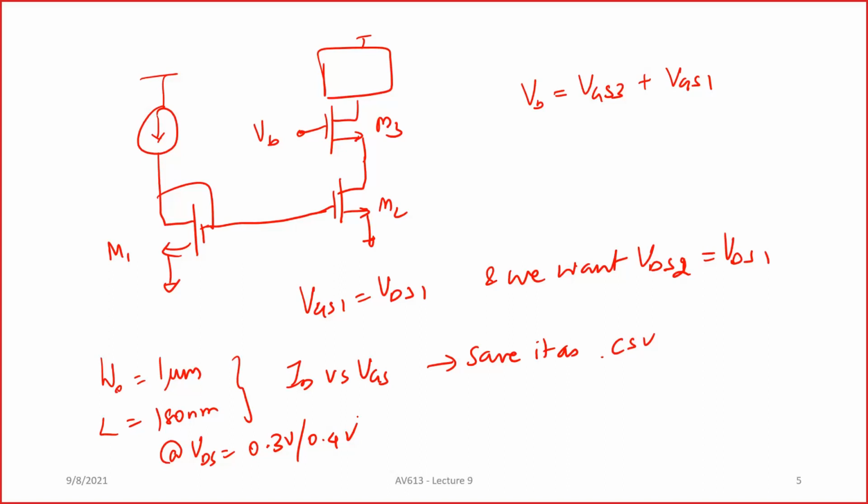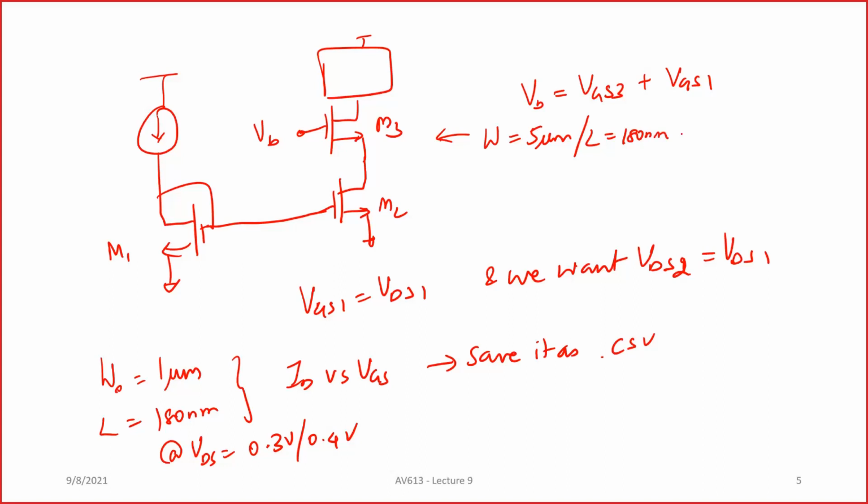All right. And you will always see that VDSAT is less than this quantity most of the time. Now, let's say I have M3, and I am choosing M3 to have a W of 5 micrometer and a length of 180 nanometer, for example.